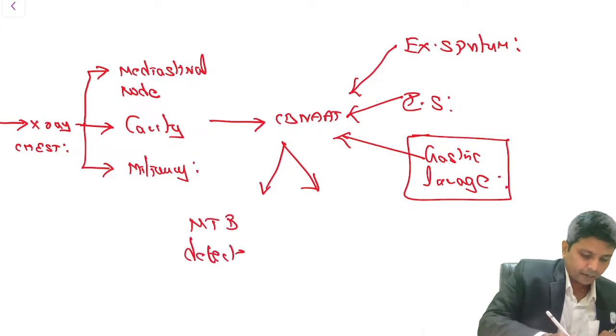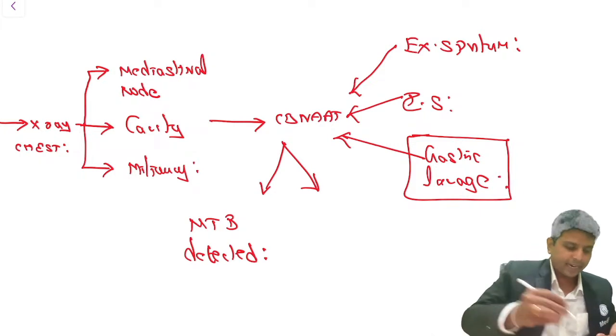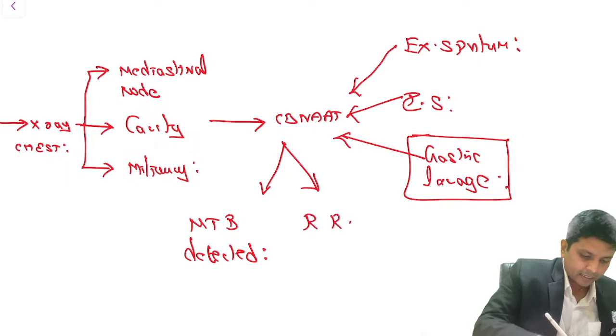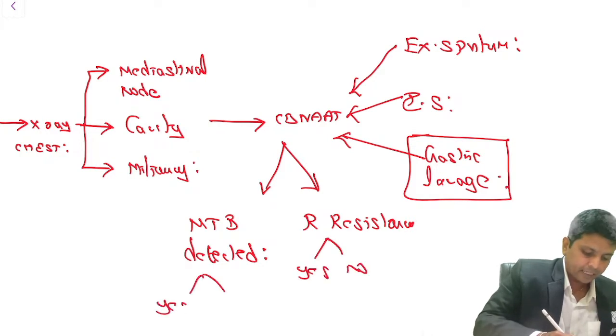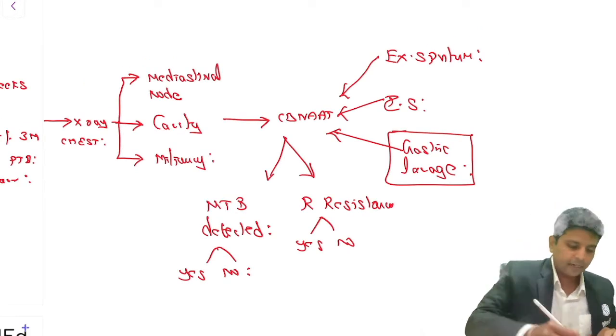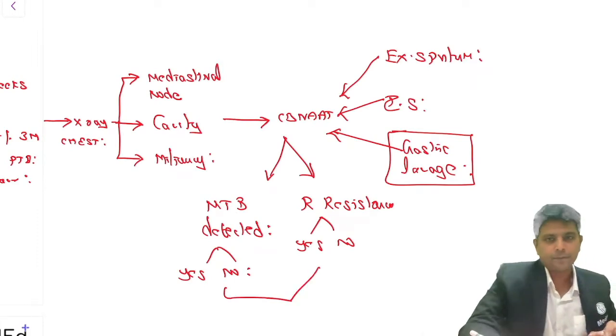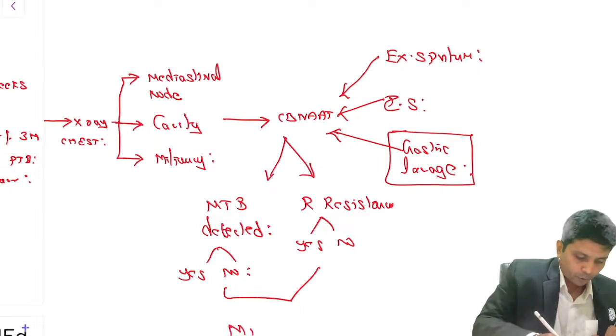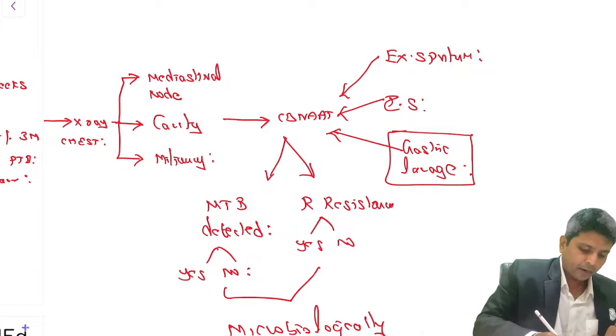Second is R resistance detected or not, yes or no. When MTB is detected and R resistance is not present, it is called microbiologically confirmed TB.